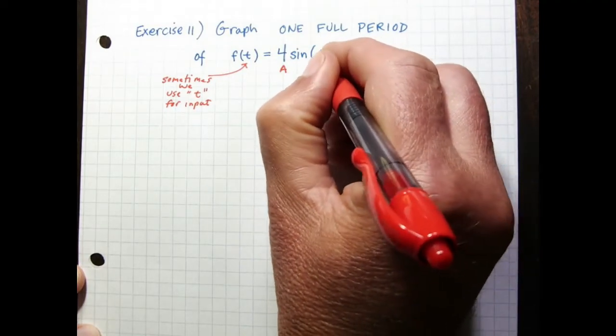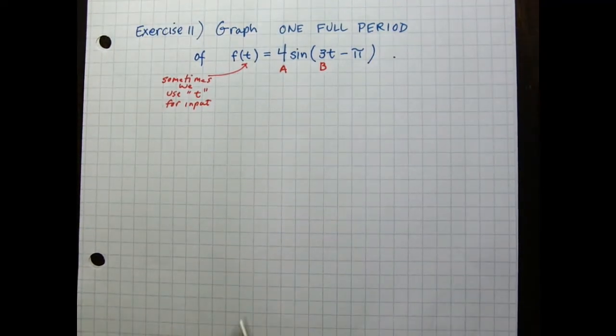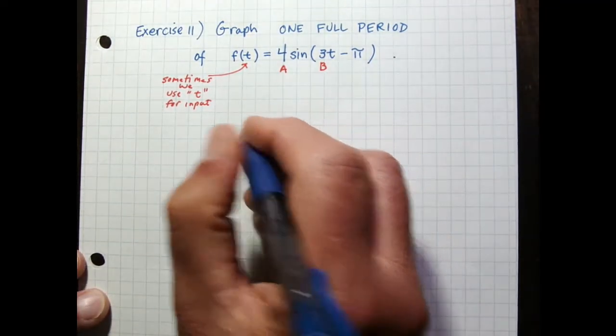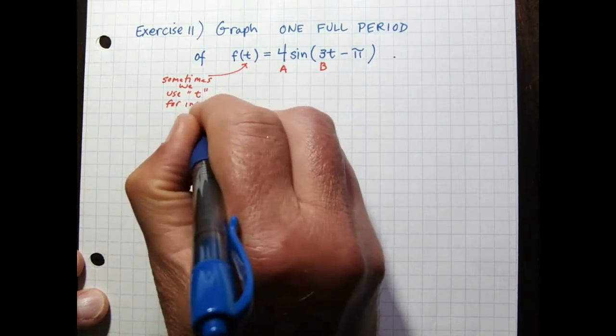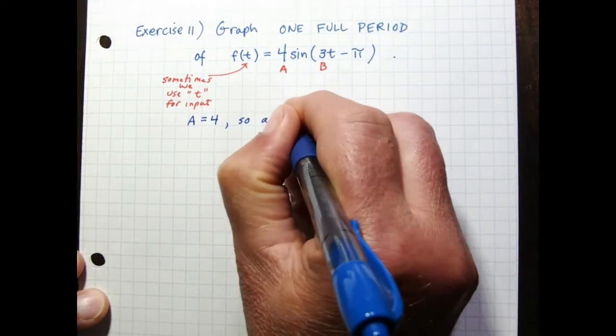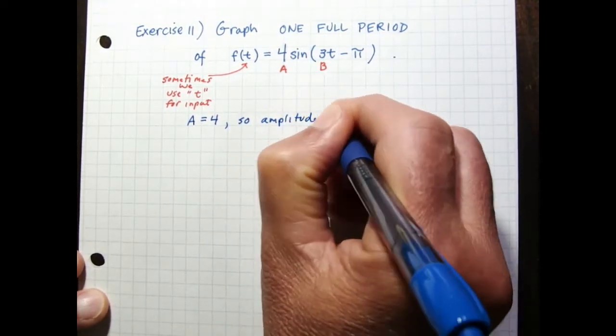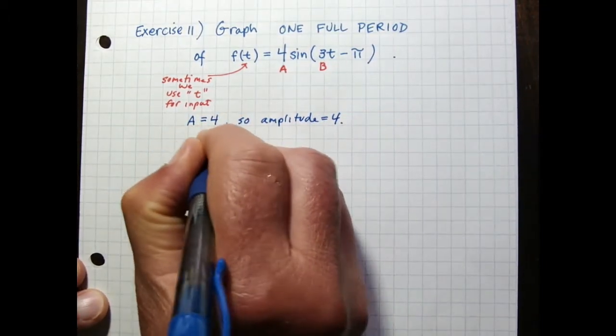And it looks like 3, the coefficient of t, is where our b would be. So I can say a is equal to 4. So the amplitude is equal to 4. B is equal to 3.